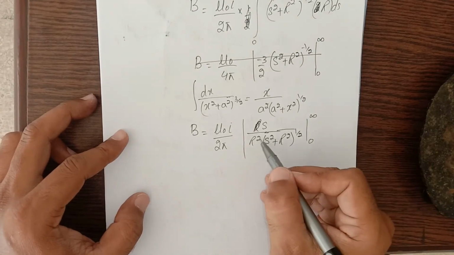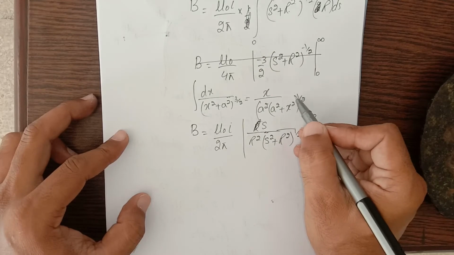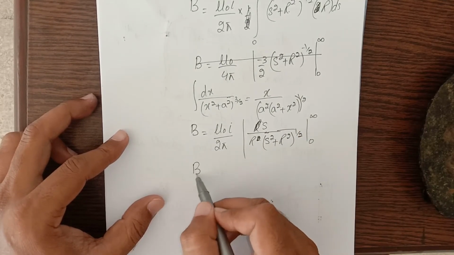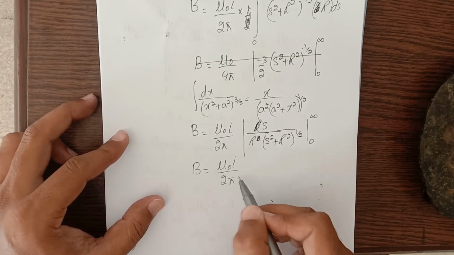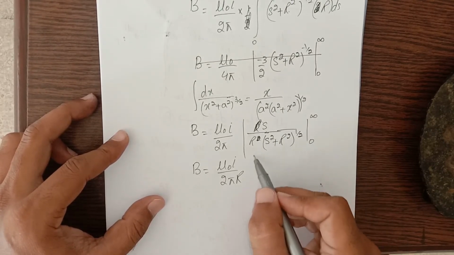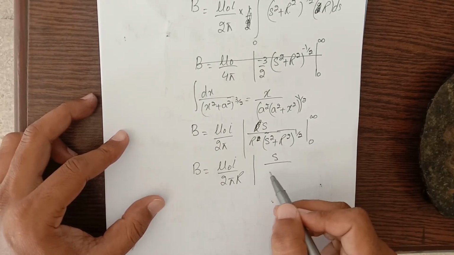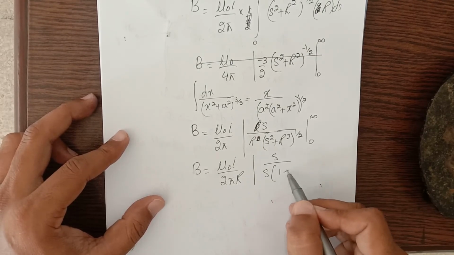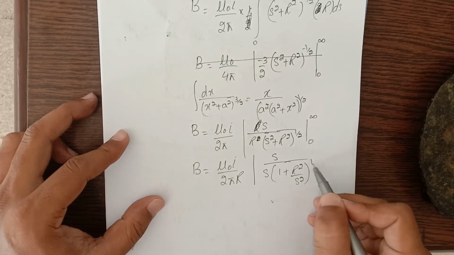And another thing is that when r square comes out of this whole raised to power 1 by 2, this would simply come out, and B would be mu naught I over 2 pi r, and s over, if I take s common, then it would be 1 plus r square over s square raised to power 1 by 2.